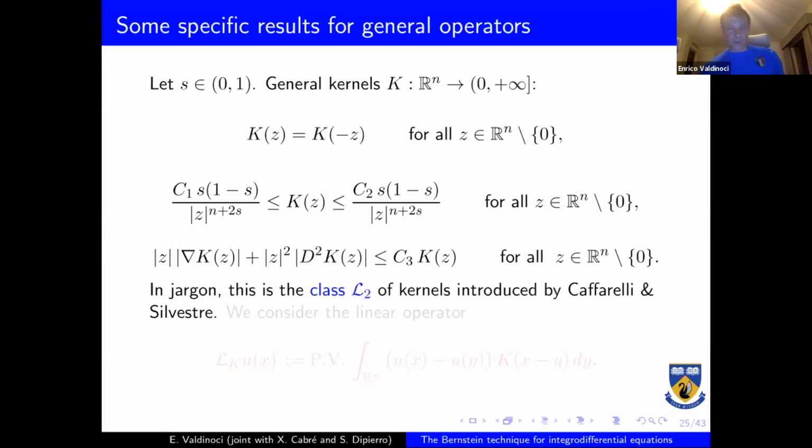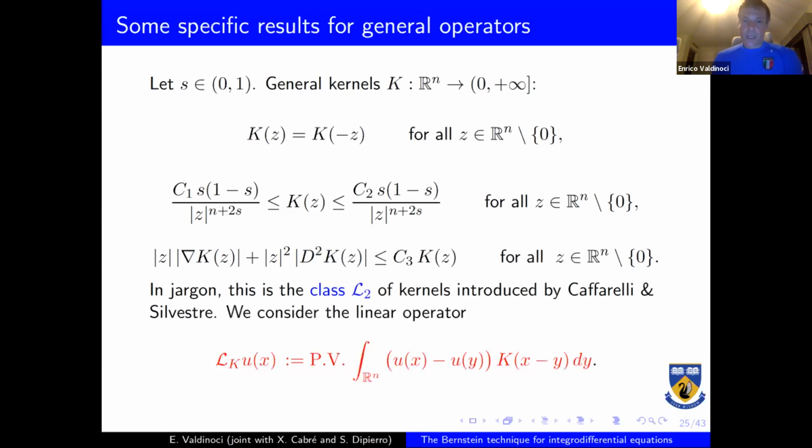Okay, this is important for our method, and we will see in a while the reason for being able to put some derivatives on the kernel. So the prototype operator that we consider in this setting is exactly the non-local operators in which the interaction is modeled by this kernel K. Of course, when K is 1 over |z| to the n plus 2s, you have the fractional Laplacian and you have the extension.